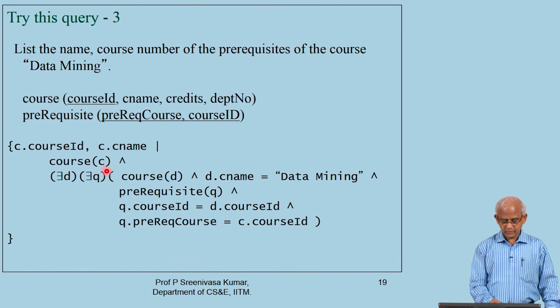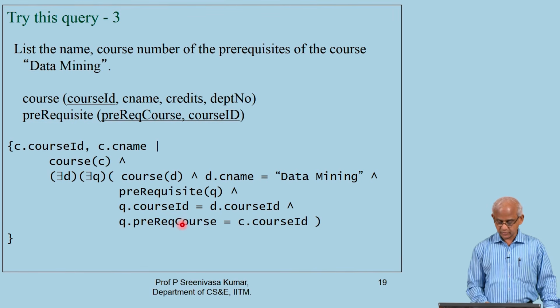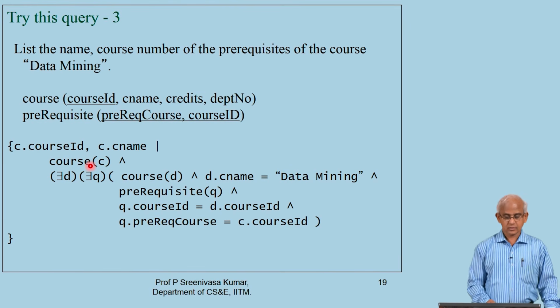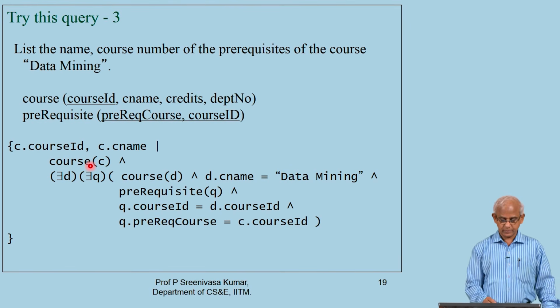So, how we do that is we look for the existence of a course called data mining, and then the existence of this prerequisite tuple, in which that data mining course's number is mentioned on the right hand side, and then the course under consideration is mentioned on the left hand side. That is when it becomes a prerequisite for the data mining course. So, that is how we can handle this particular kind of query.